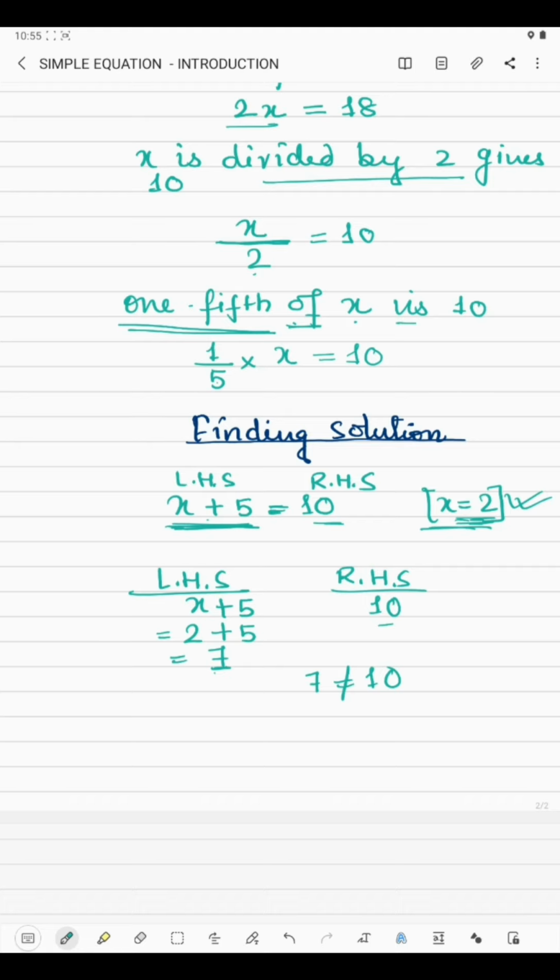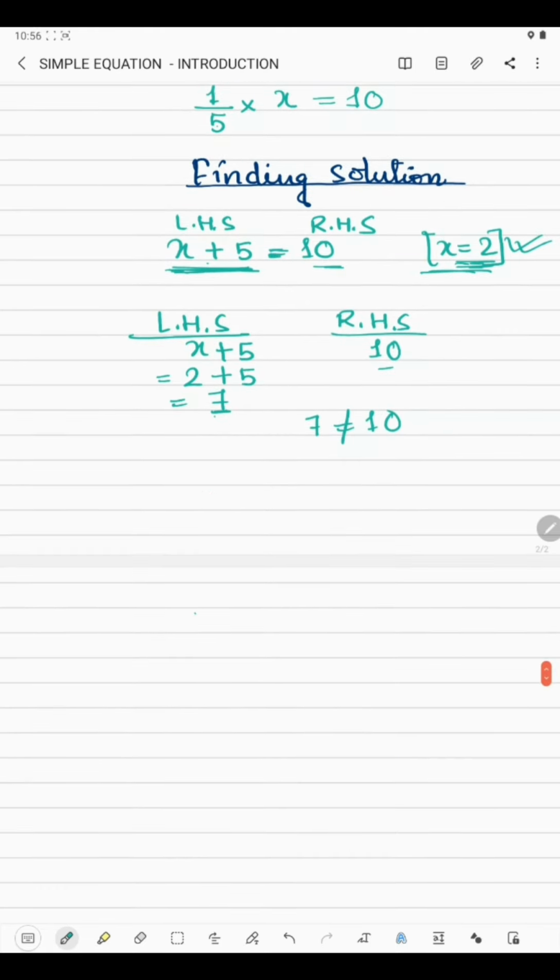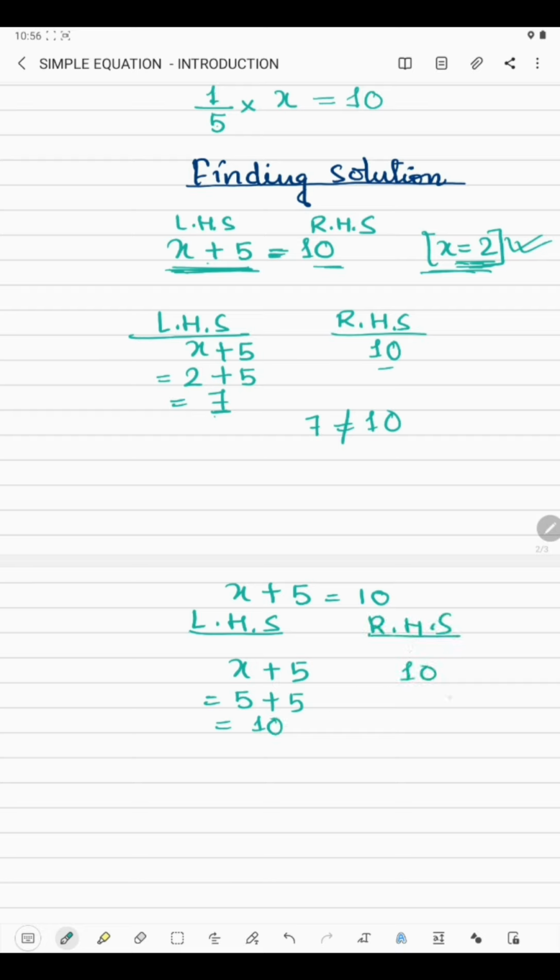Now suppose our equation is x plus 5 is equal to 10. On the left hand side we have x plus 5, and if I put the value 5 in place of x, it is coming 10, and on the right hand side we have 10, and it's matching with the value on the right hand side.